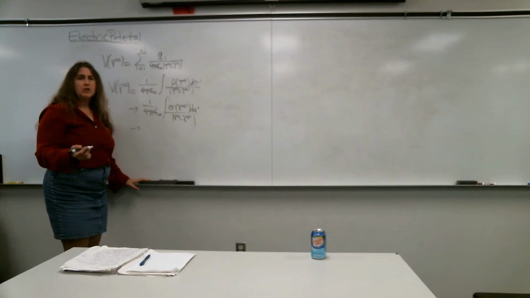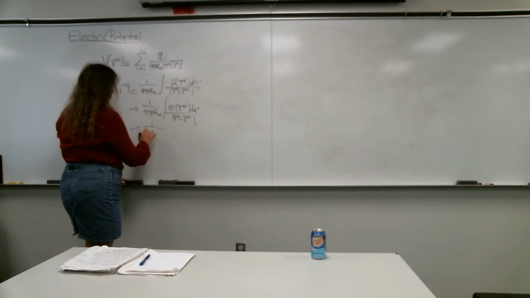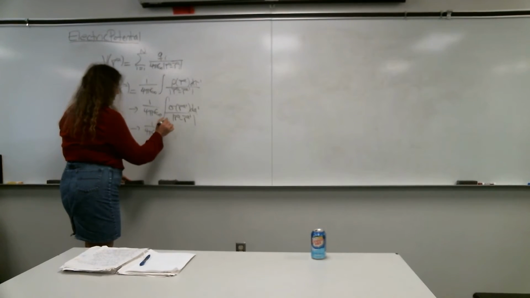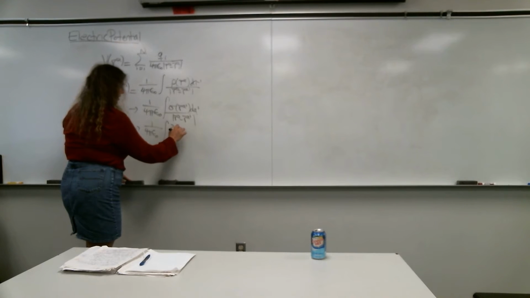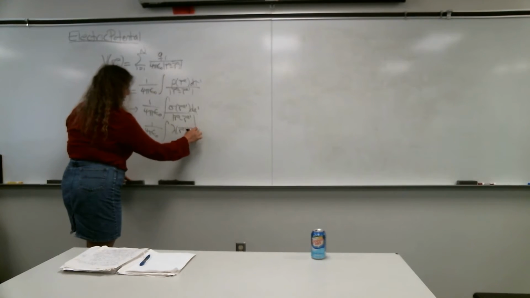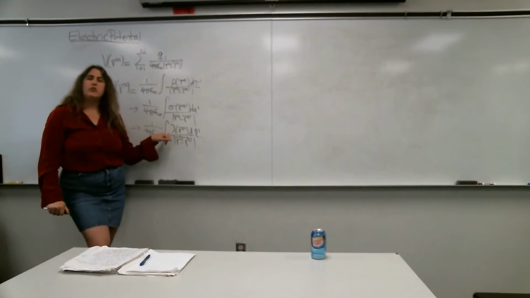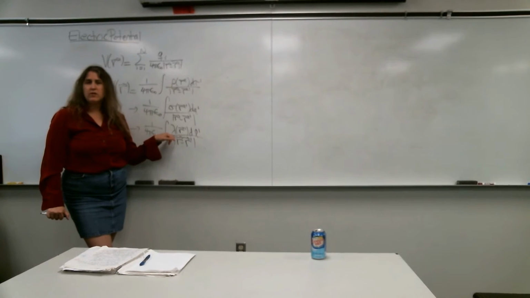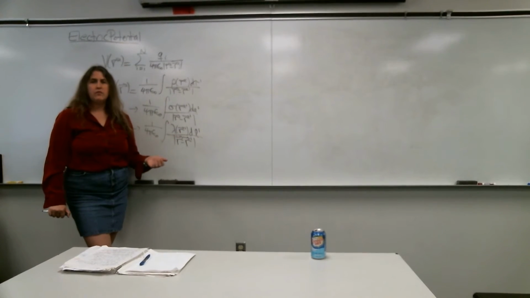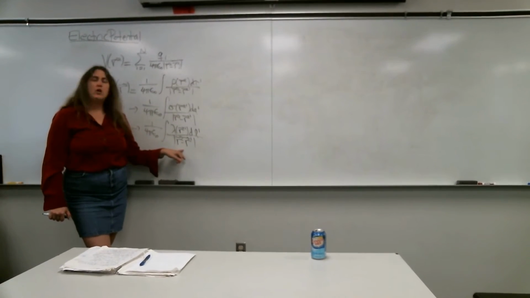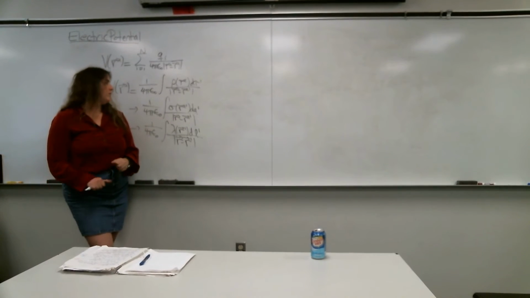In the event that you have a line charge, the charge density becomes a line charge density lambda. Once again, generally speaking, it is a function of r prime, all over r minus r prime, our separation vector.